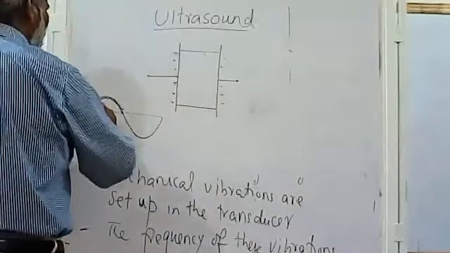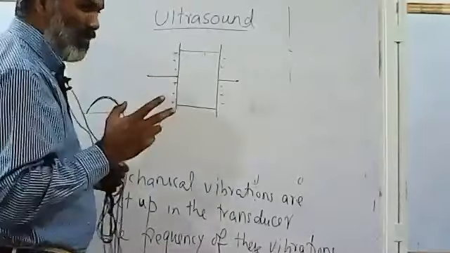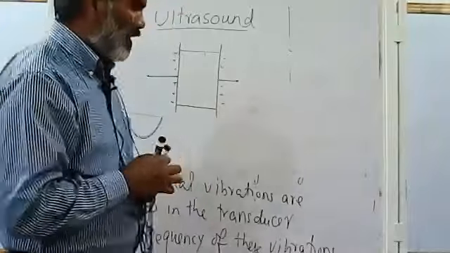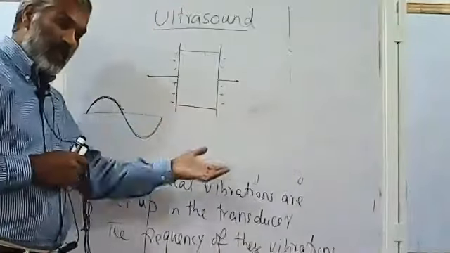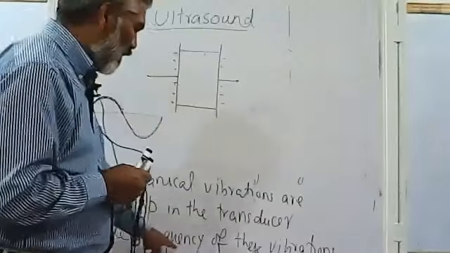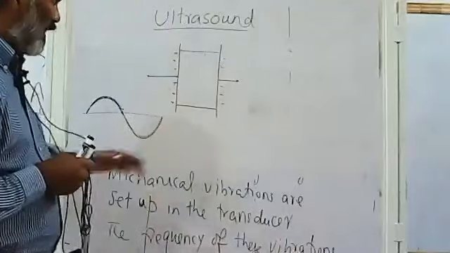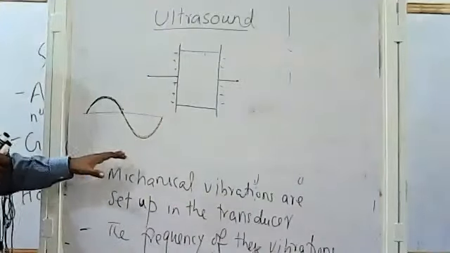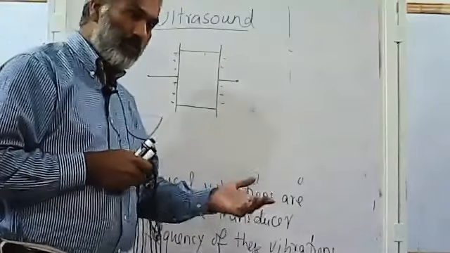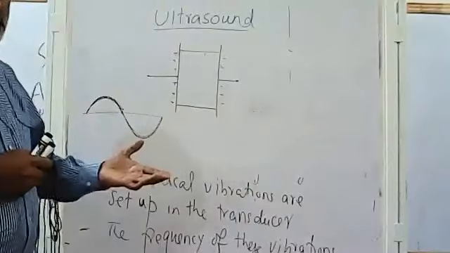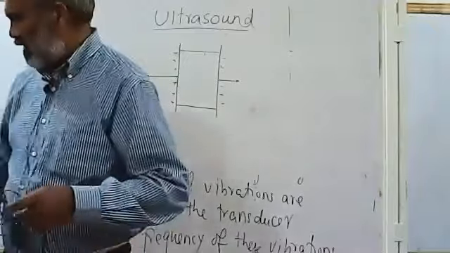That means for one complete oscillation, there will be 2 mechanical vibrations. That means the frequency of the mechanical vibrations will be twice as much as the frequency of the alternating signal. So with this, I end here. We'll have more of this discussion. What happens to these mechanical vibrations, how we use them to make images for diagnostic purposes. That will be on the next Monday.